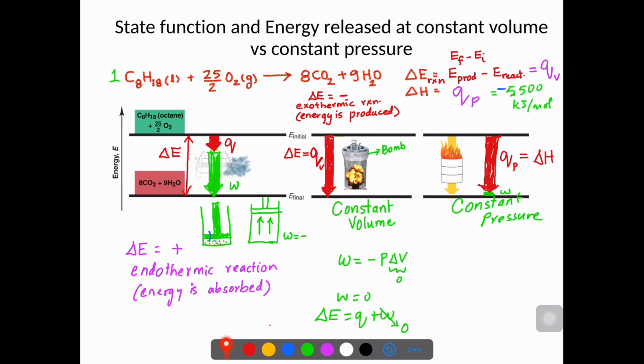You can look up the value for delta H in any standard thermochemical data. Turns out for combustion of 1 mole of octane, the delta H of the reaction will be around negative 5,500 kilojoules per mole, and its negative value suggests that this is an exothermic reaction.